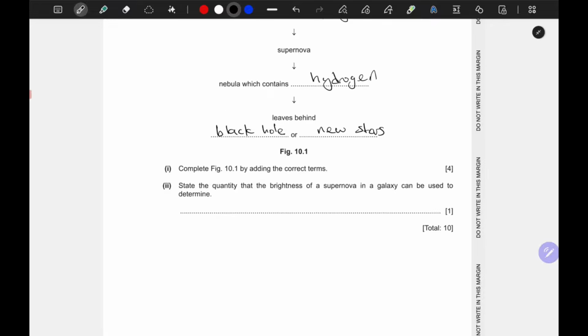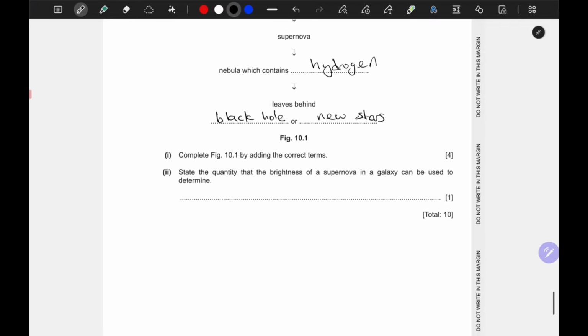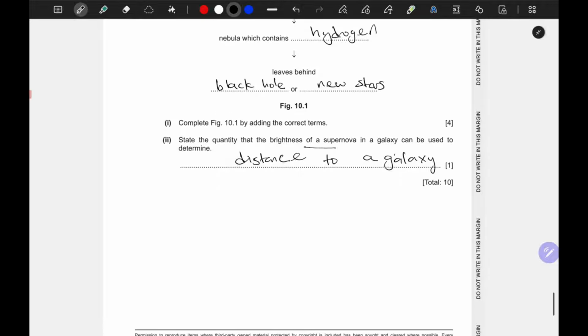Last question. State the quantity that the brightness of a supernova in a galaxy can be used to determine. So the brightness of a supernova can determine the distance to a galaxy. And then the other thing is redshift.